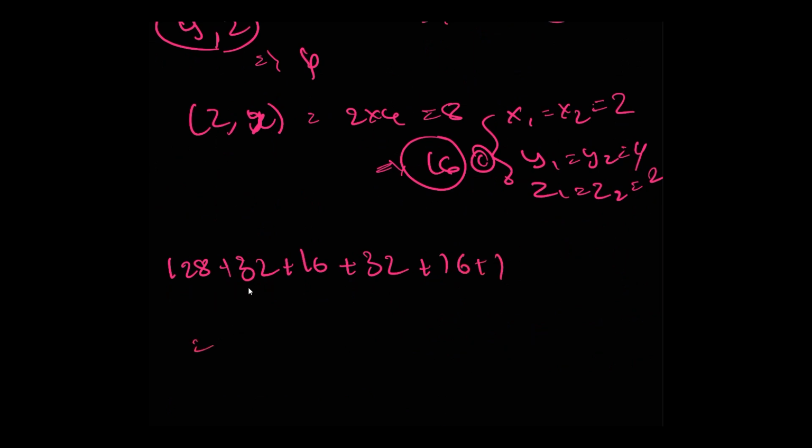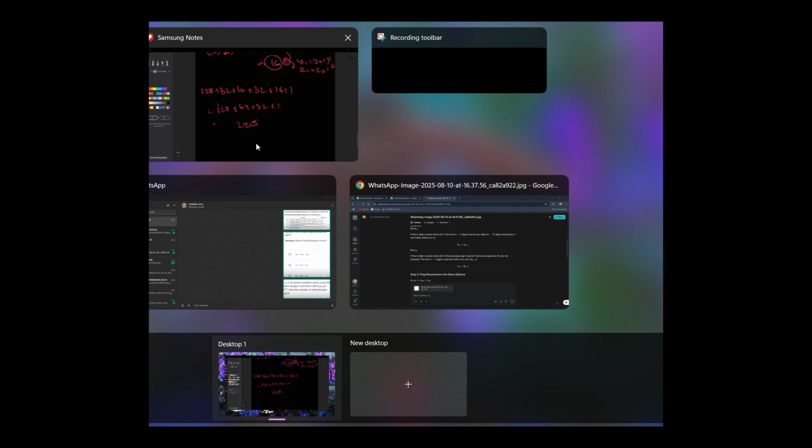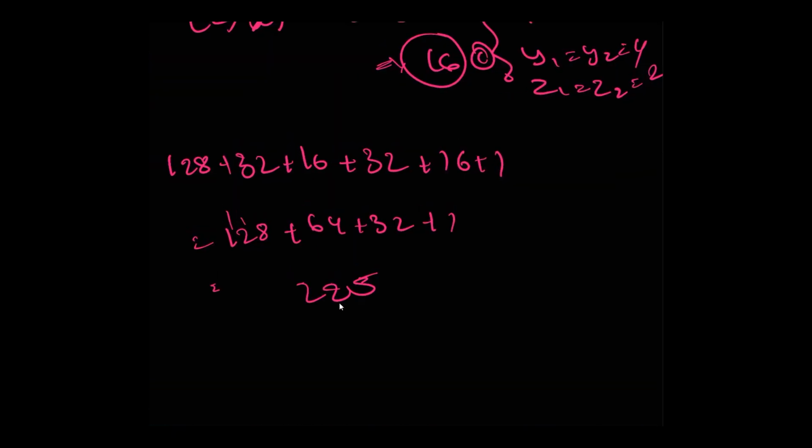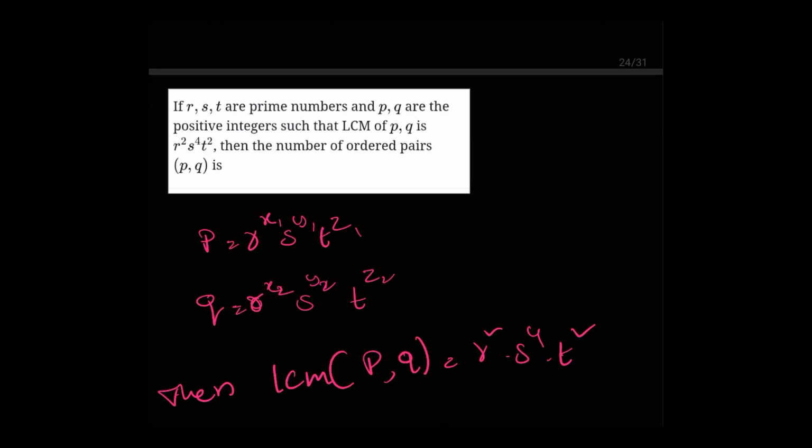That will be 128 plus 64 plus 32 plus 1, that is 225. Therefore, the number of ways will be 225. Pairs are 225.